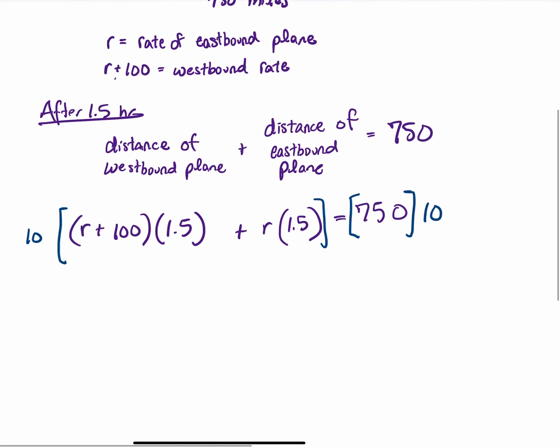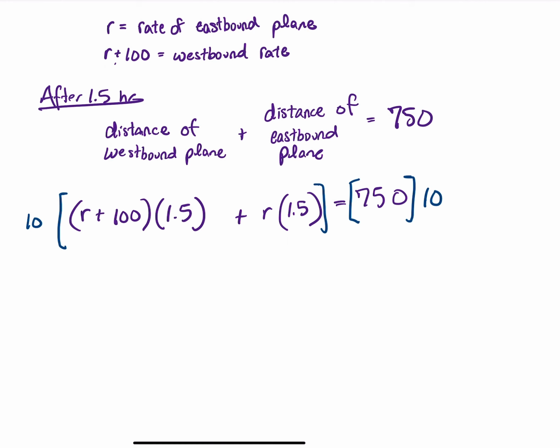When we do that, 10 times 1.5 will turn that into 15. Then this will become 15r. And then this will become 7500. The 10 will add another 0, 7500.